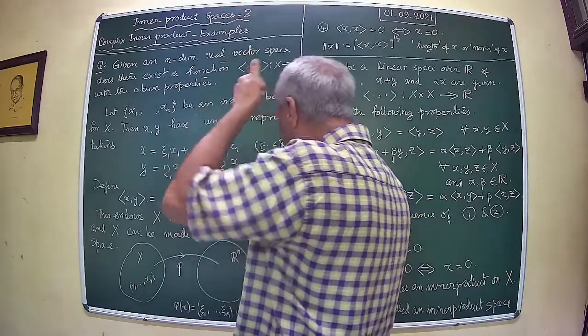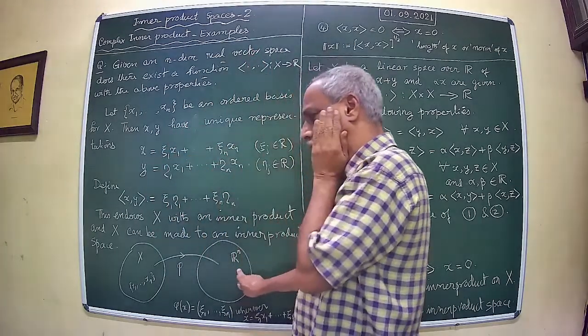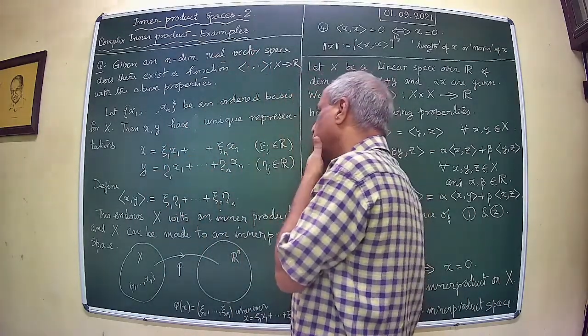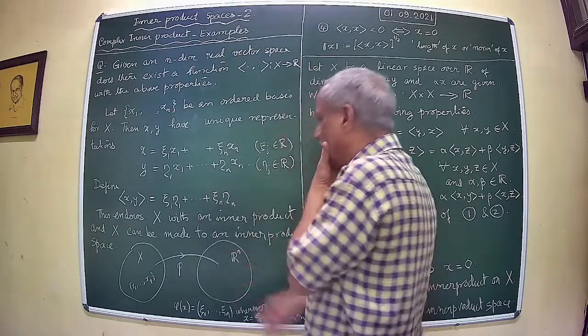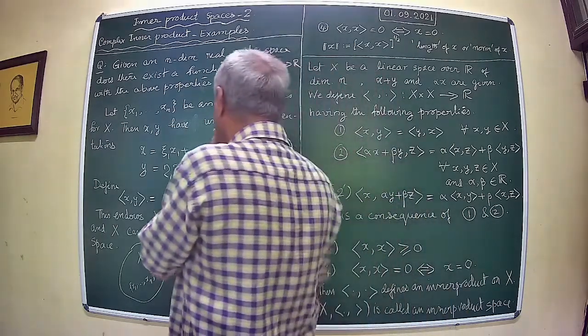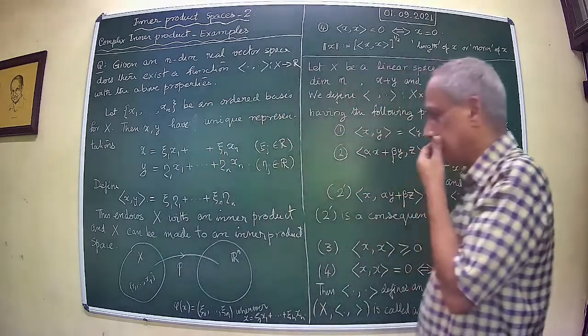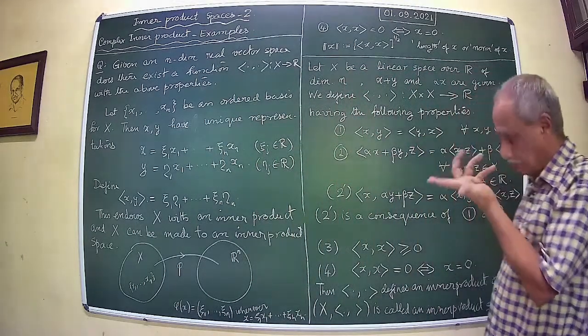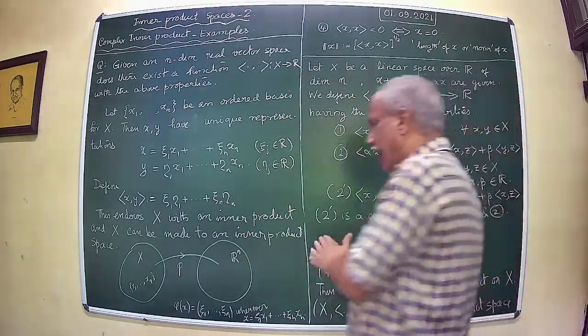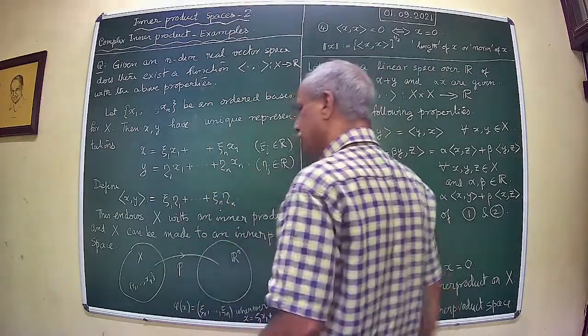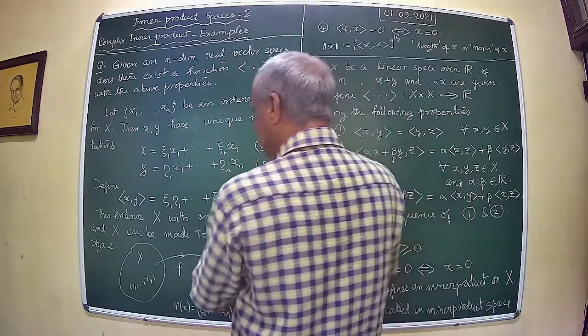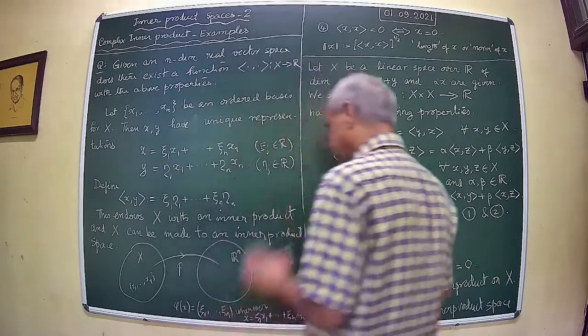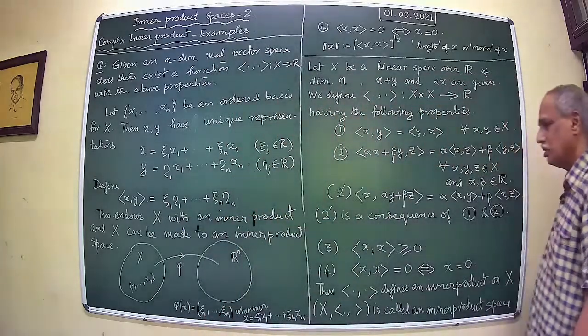Therefore, now you are in a comfortable zone of Rn. In Rn, we have already introduced an inner product, and that is accepted as the inner product, or that induces the inner product on X. Okay, so this is the process.